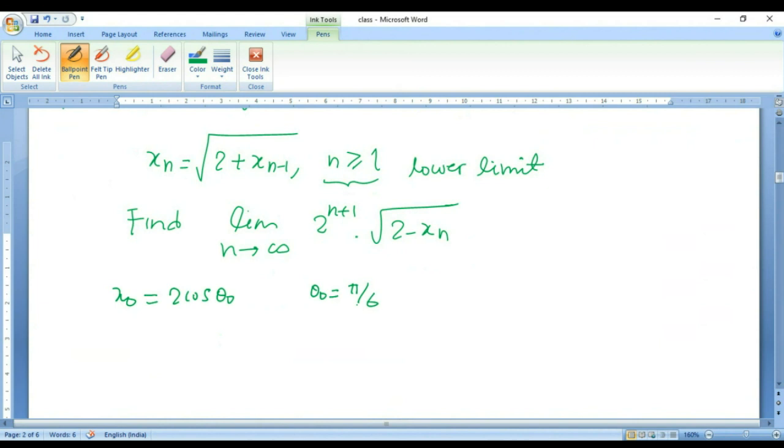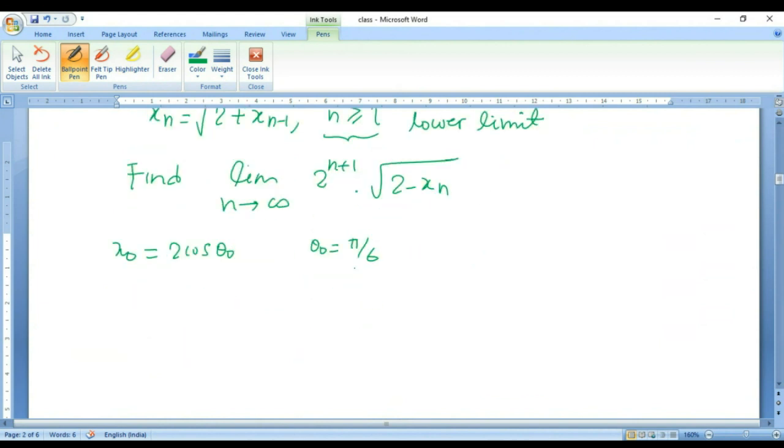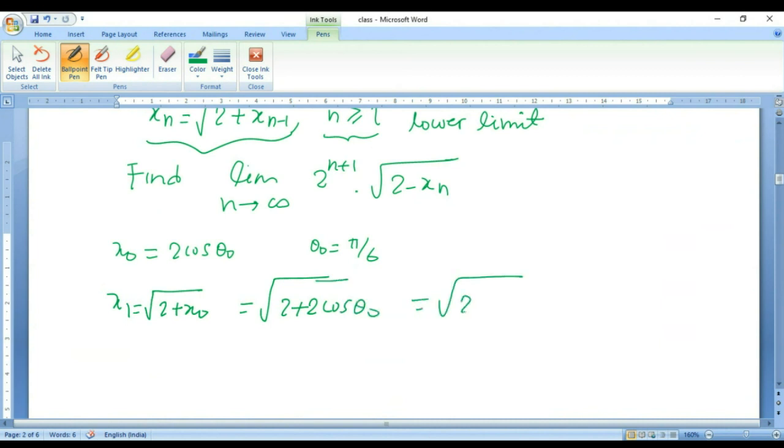Now x_1, if I use the recurrence, is the root of 2 plus x_0. So that gives me the square root of 2 plus 2 times cos theta_0. I can take 2 common over there, and get 2 times (1 plus cos theta_0).